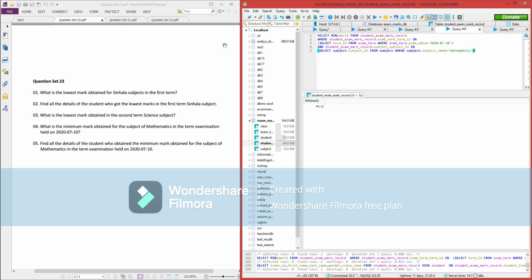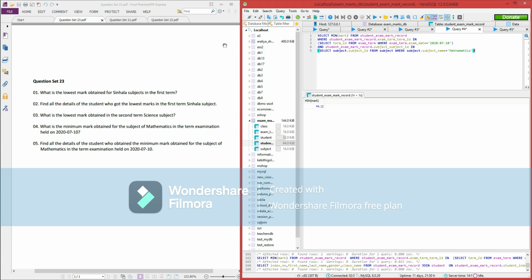The fourth question is what is the minimum mark obtained for the subject of mathematics in the term examination held on this specific date. For this again I've used a min function and I've used subqueries.